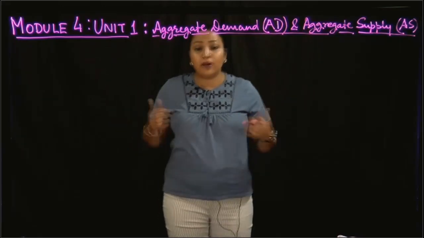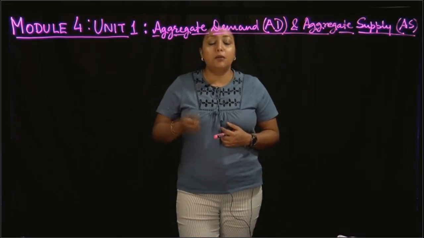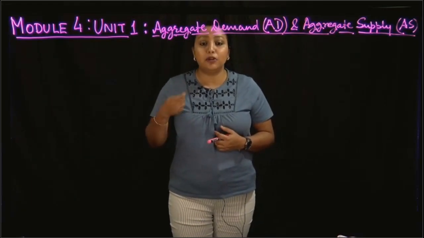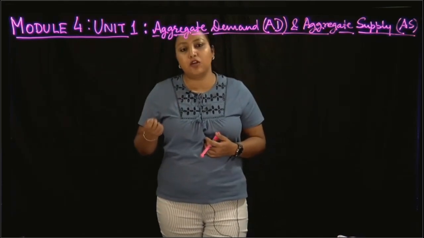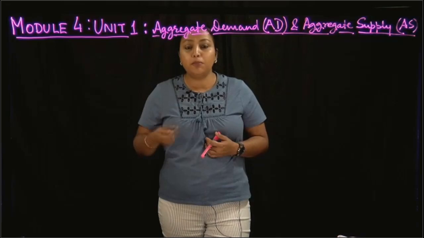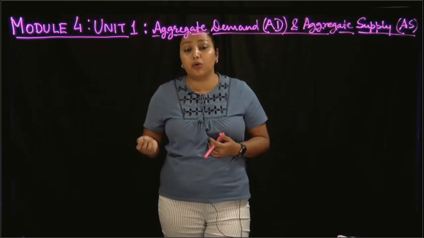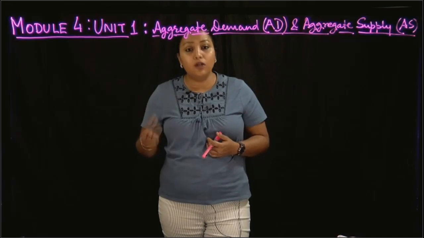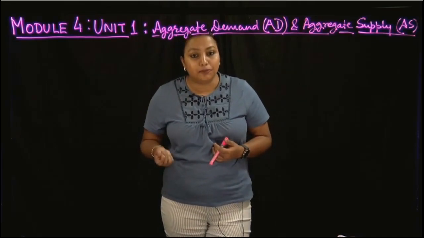In the macroeconomy, we cannot pick one particular commodity; we are looking at the production of all final goods and services produced in the economy during a year. So I'm not picking a particular good or service, but all commodities and all services produced during the accounting period, which is 1 year.